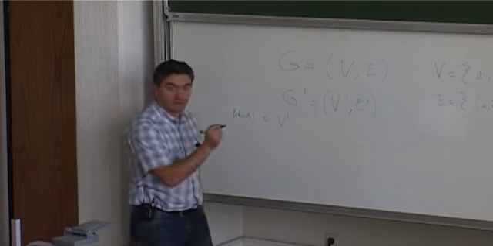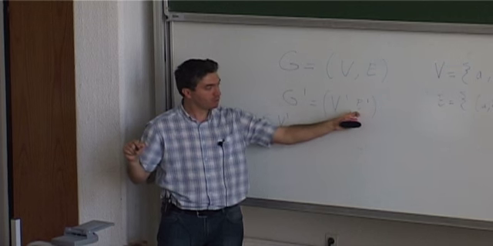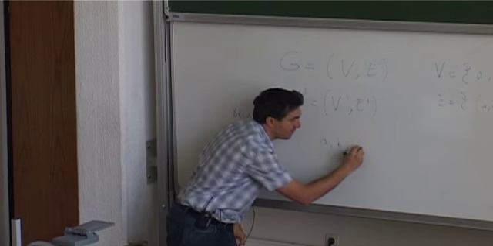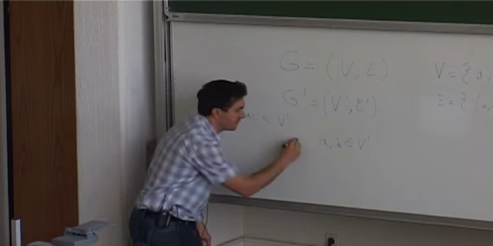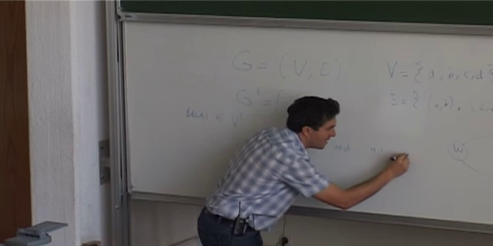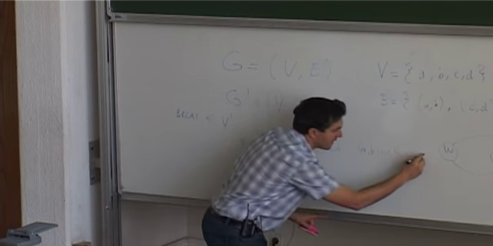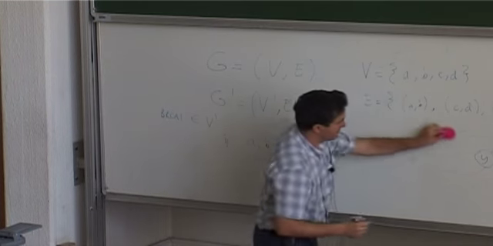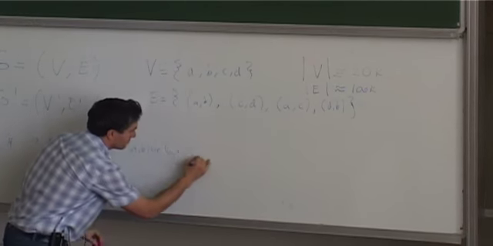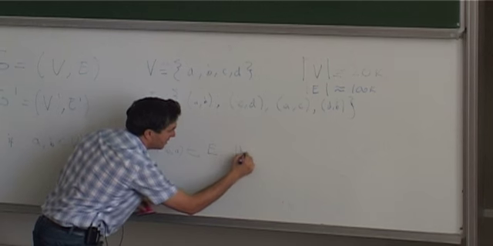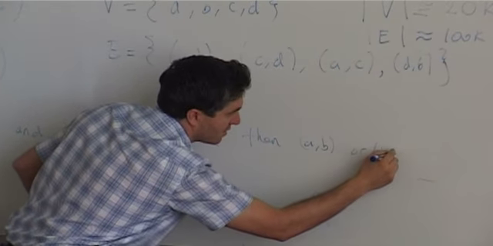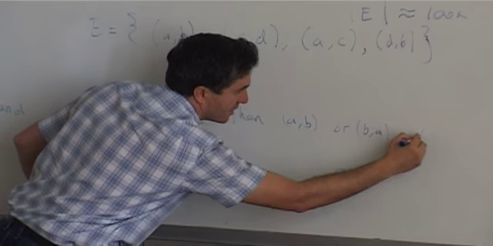In other words, the rule to put an edge in E prime is this: if A and B are elements of V prime, and AB or BA is an element of E, let me erase this part, then AB or BA should be an element of E prime.